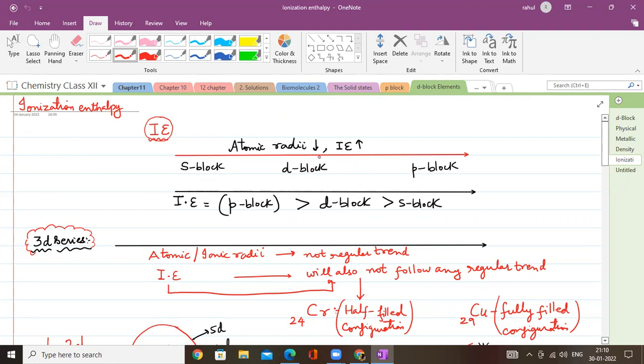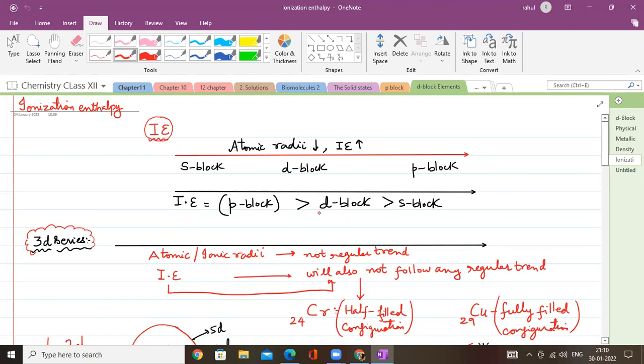So when you are moving from left to right, the atomic and ionic radii decrease. When the atomic or ionic radii decrease, that means ionization energy will increase. What I mean to tell you is the ionization energy of P block will be the maximum in the periodic table, followed by D block.